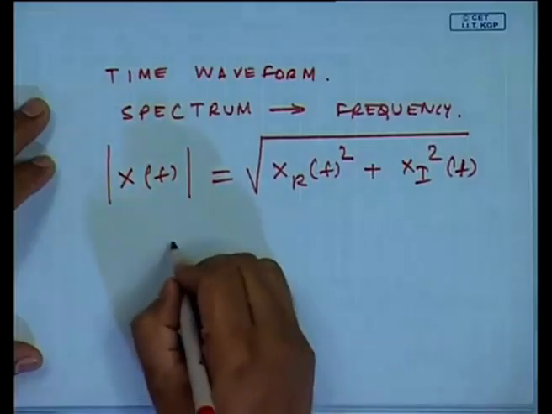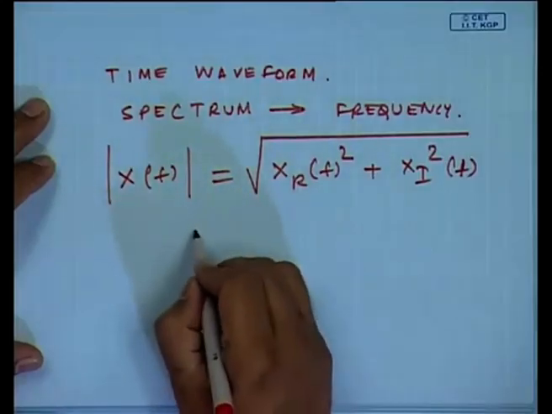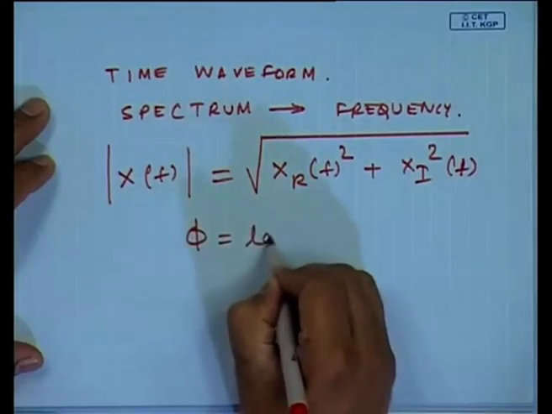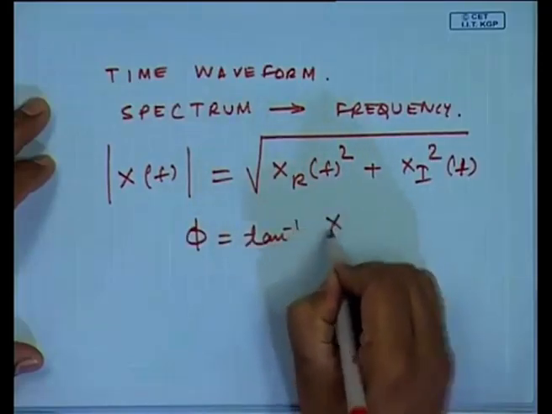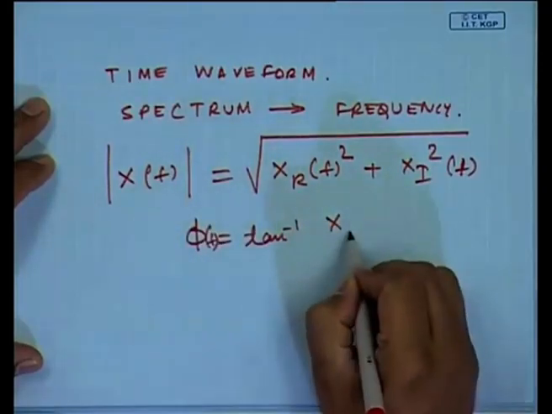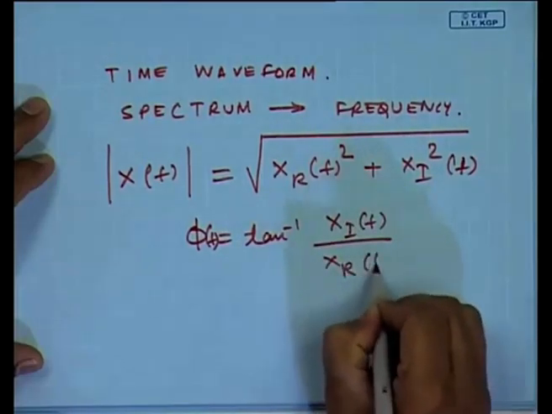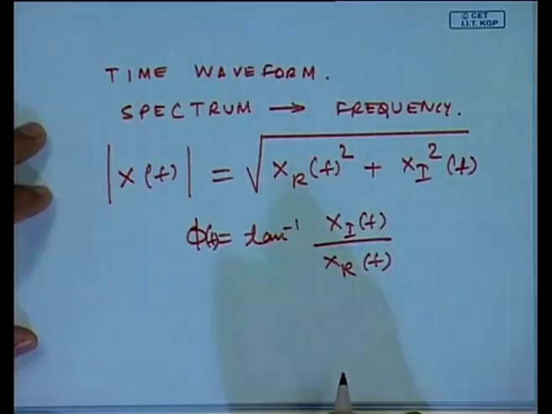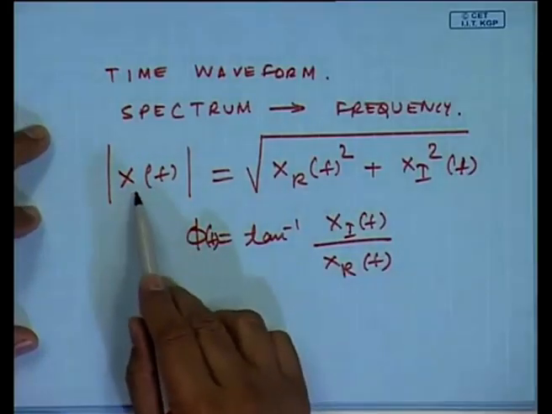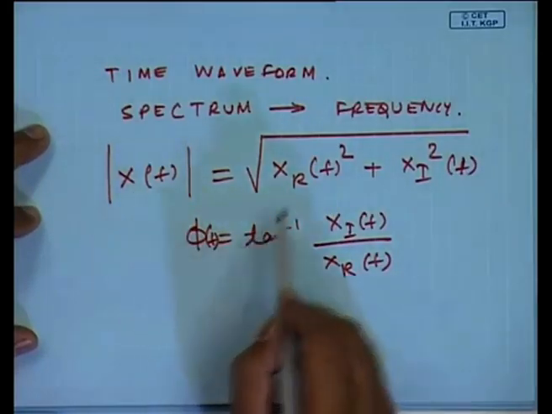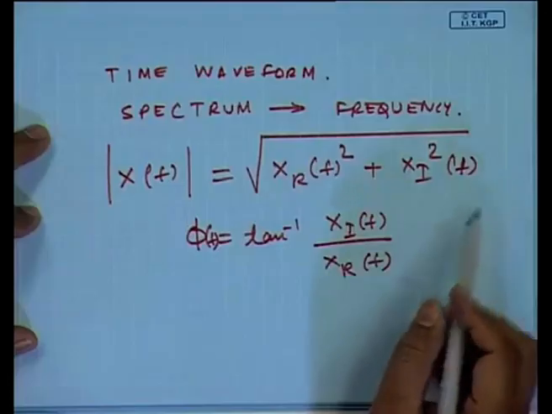And then of course, there will be a phase between the real and imaginary. So, phase is nothing but tangent inverse of the ratio, and phase is also a function of frequency. Okay. So, I am denoting it through magnitude and phase or real and imaginary. Okay.